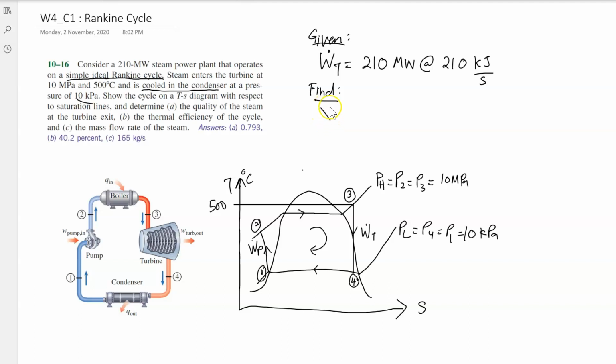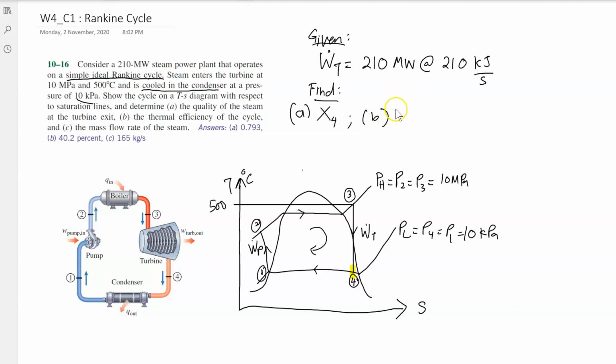So we are going to indicate the quality as X, and it is at the turbine exit, which is the exit of your turbine, so it is actually state 4. So the point is in here, right? So we label it as X4 for your A.